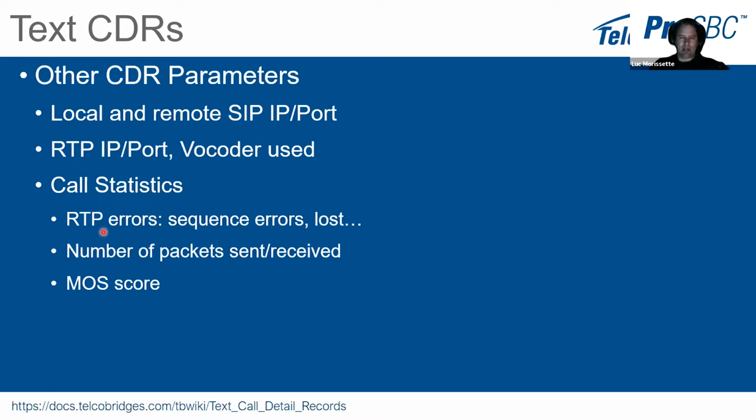For example, how many RTP errors happened on this call, how many sequence errors, lost packets. You also get statistics on the number of RTP packets received or sent, and the MOS score can also be stored in the call detail records. So some of them are included by default, but you can have more details about those call detail records if you choose so. Okay.